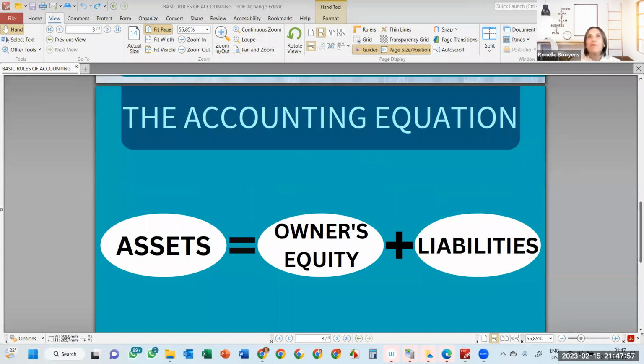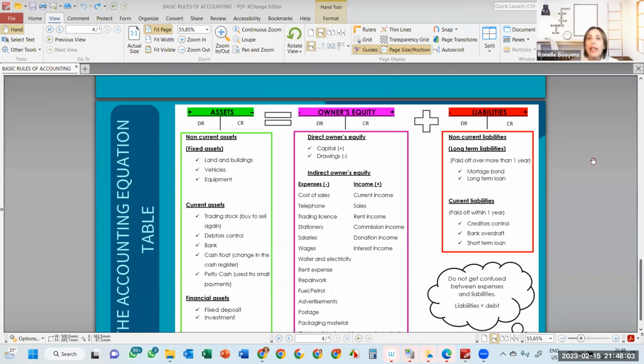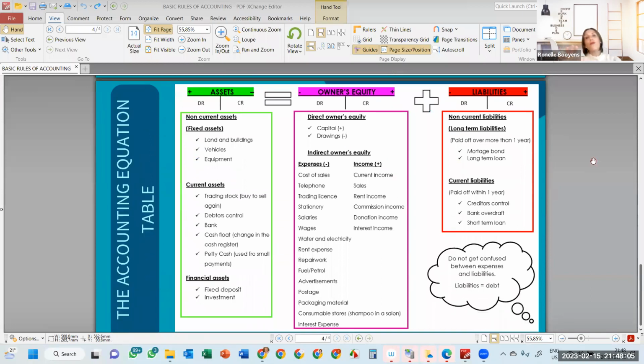Let's continue then to the next one, where we're now going to look at the accounting equation. We will forever, when we are busy with accounting, refer to the accounting equation. We will refer to the double entry principle. We will refer to asset, owner's equity, and liabilities forever and a day.